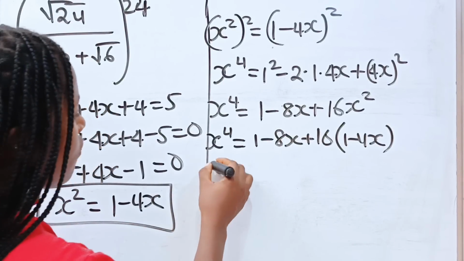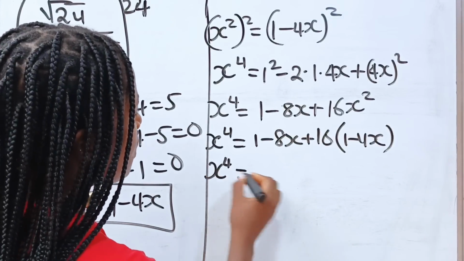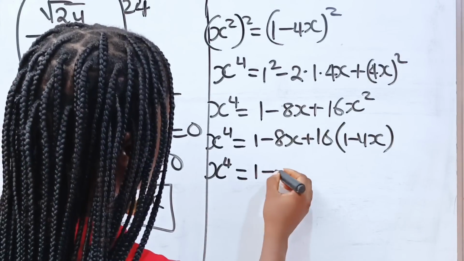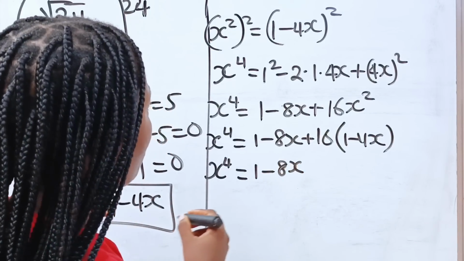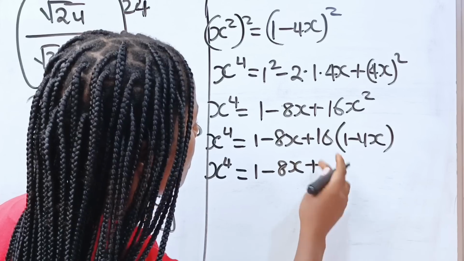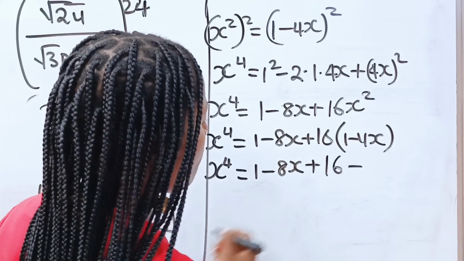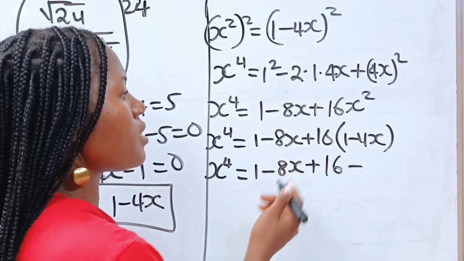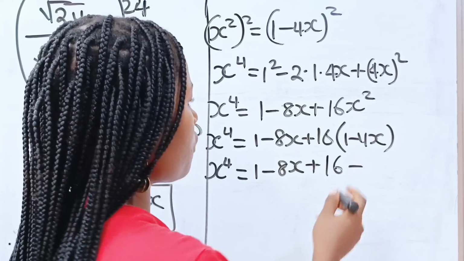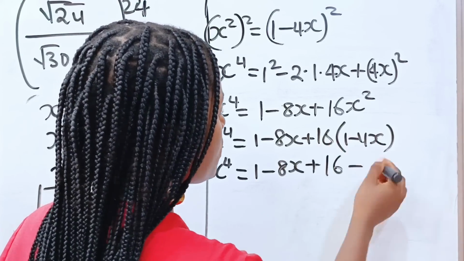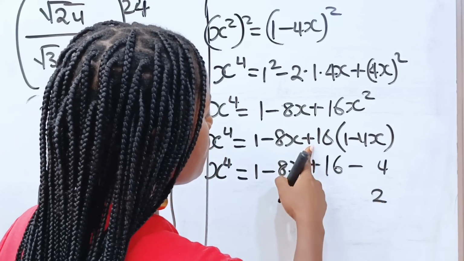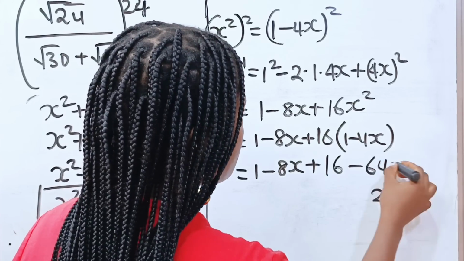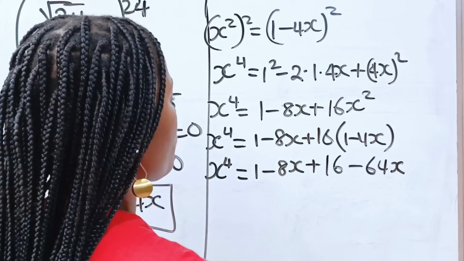Okay, so we have x^4 is equal to 1 − 8x, okay, then plus 16 times 1 is 16, minus 16 times 4 is, that should be 64, right? 4 times 6 is 24, carry 2, 4 times 1 is 4 plus this 2 is 6, so we have 64x.